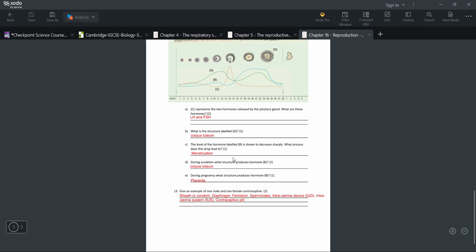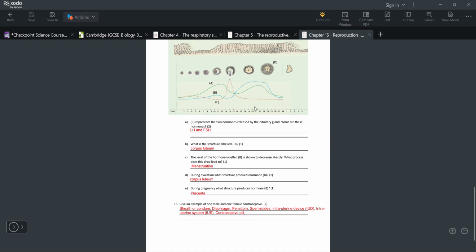If pregnancy does occur during this period, your placenta will take over the production of progesterone and will stop your period from occurring.